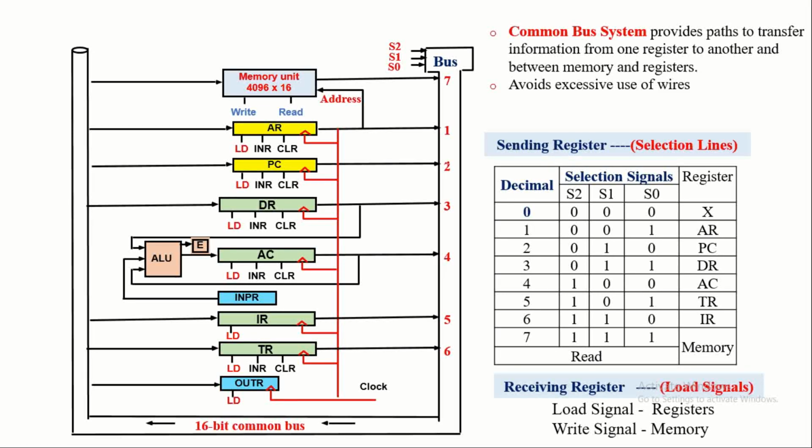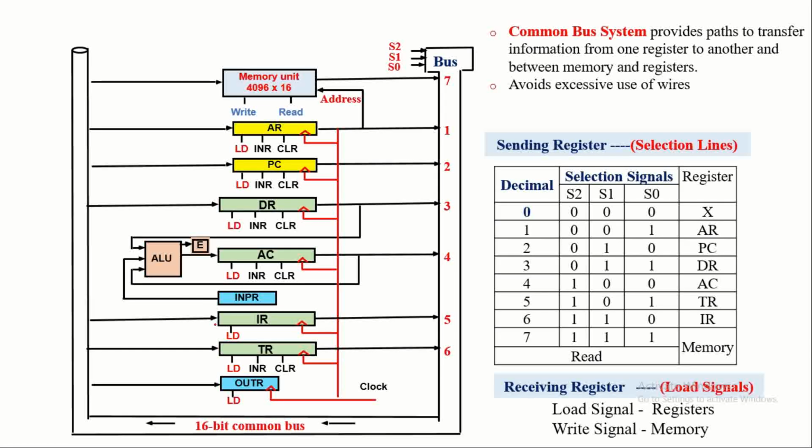Here, if you observe this figure, though there are 8 registers, only 6 registers transfer their information over the common bus. The input register and the output register do not send any data to the common bus, because the input register, whenever it receives information from the input device, transfers it only to the ALU.